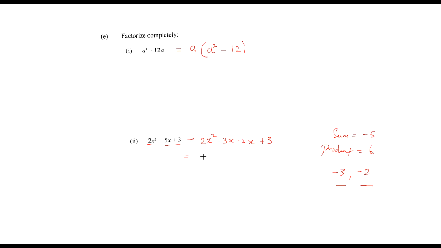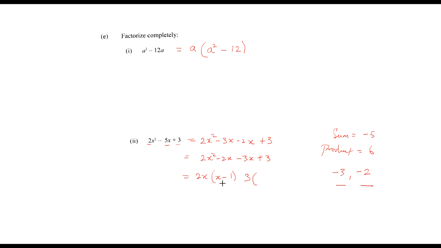So we can do it like this: 2x squared minus 2x minus 3x plus 3. I just rearrange some of the terms. So I'm going to pull out 2x, and this will give me x minus 1. And then I'm going to pull out 3.